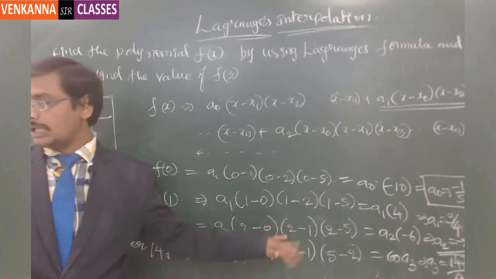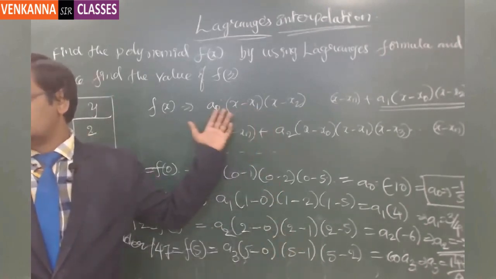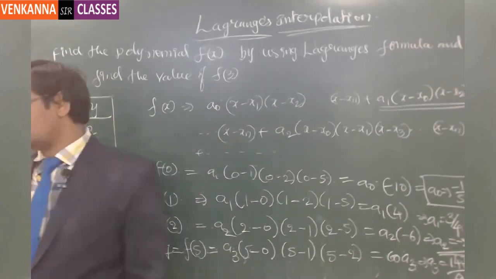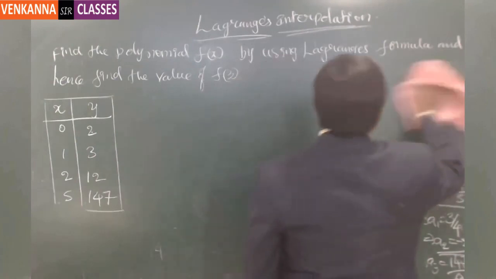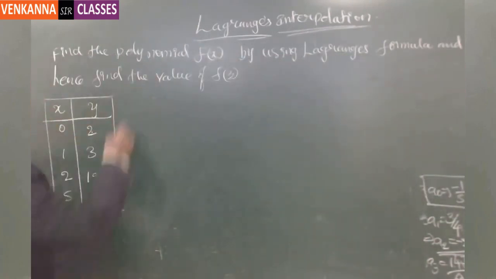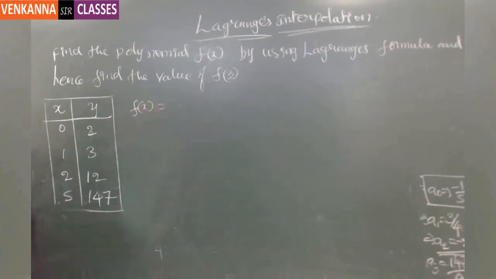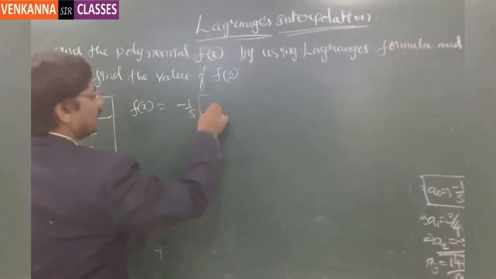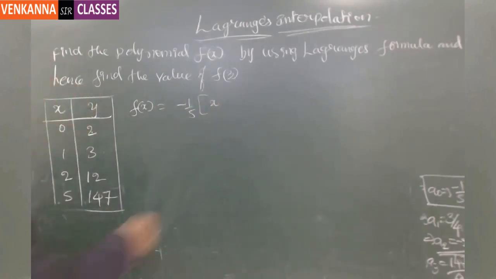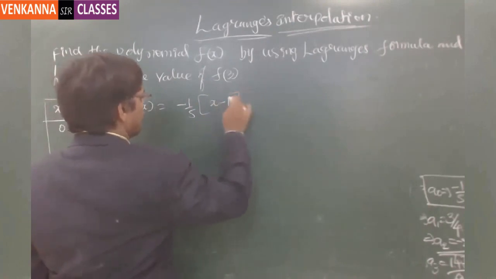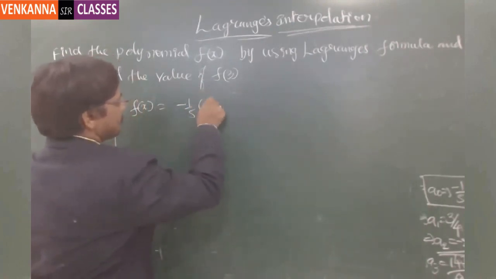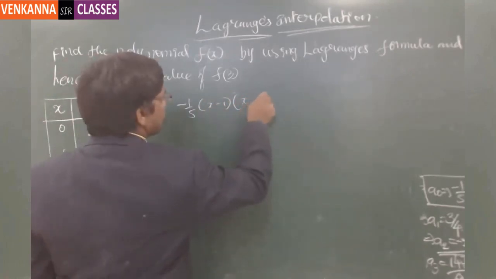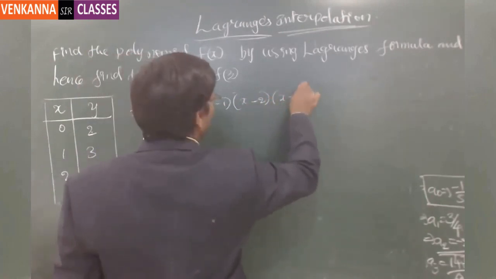Now you can calculate this polynomial by substituting these values here. First you note this down. I am going to calculate the polynomial. So the polynomial is f of x is equal to, a0 is minus 1 by 5 getting multiplied by x minus 1 into x minus 2 into x minus 5.